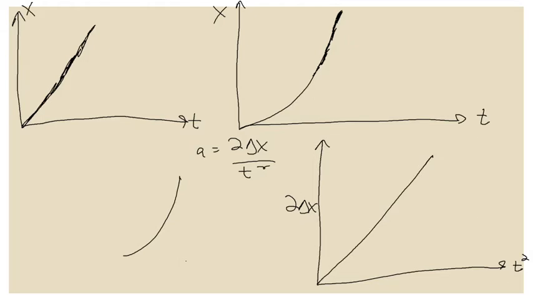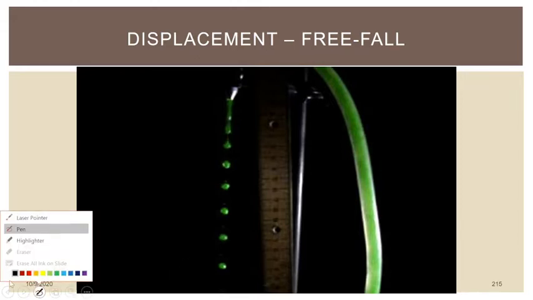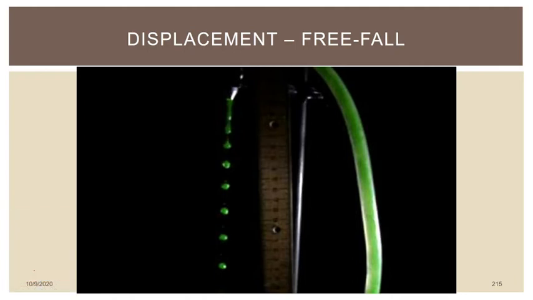And as it turns out, when you watch an object in free fall like this, you can tell just looking at the thing that it's accelerating. And if you actually take the data, then you can in fact confirm that the acceleration is constant. Now, of course, the question is, well, how can we use this to tell that this thing is accelerating?